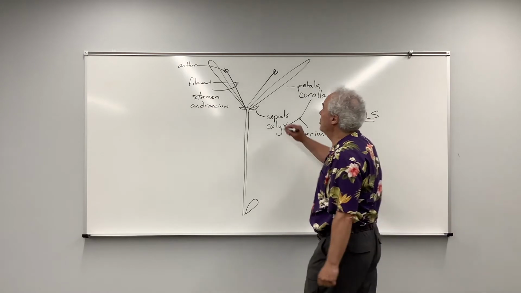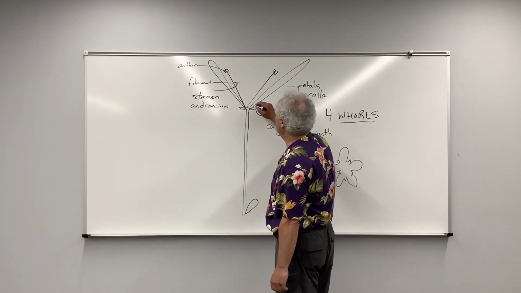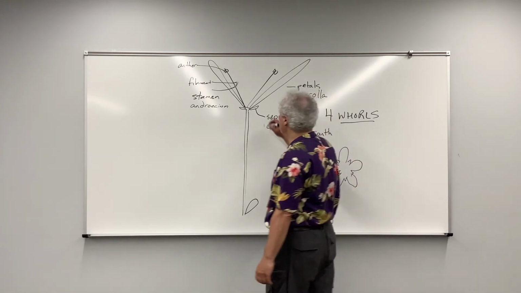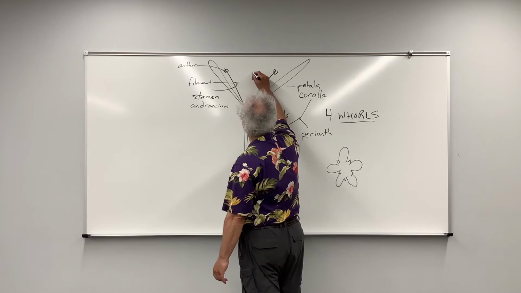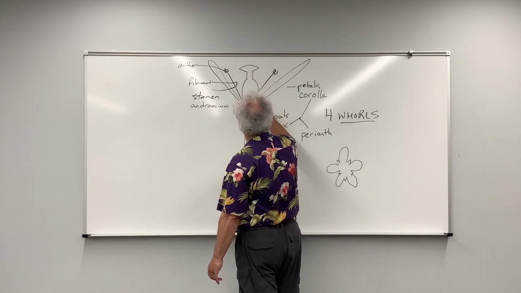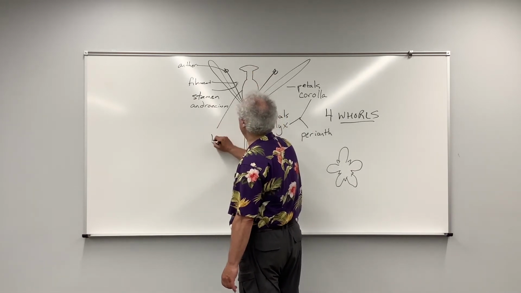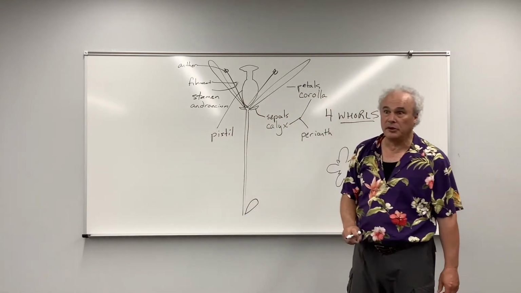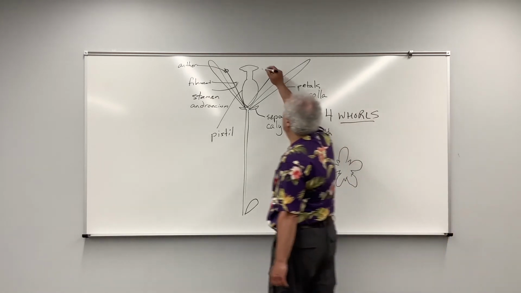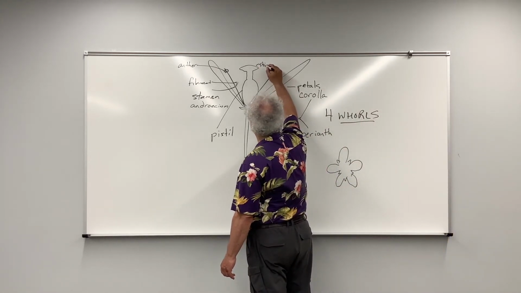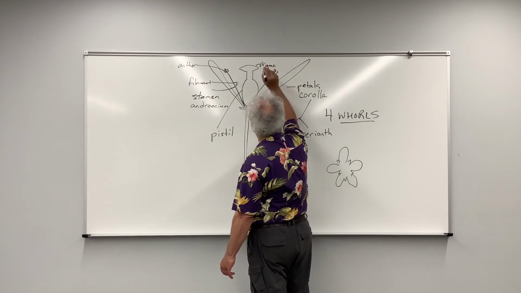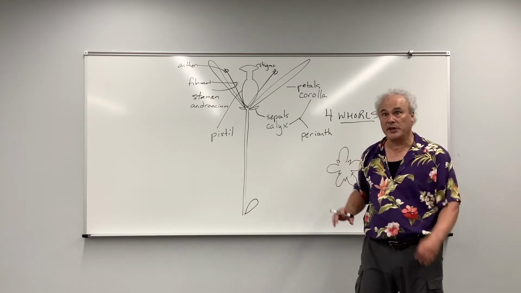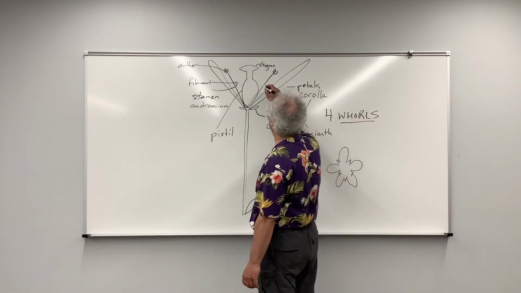Interior to the androecium, interior to the stamens, is the final whorl, which is often just a single organ as opposed to many organs, and that's called the pistil. And so this organ is the pistil. That's the female part of the plant. The pistil consists of three parts. There's a stigma, which is usually a sticky part at the tip, to which the pollen grains adhere.